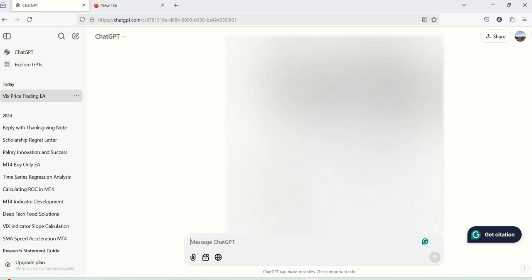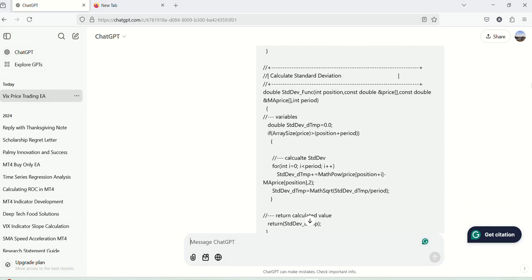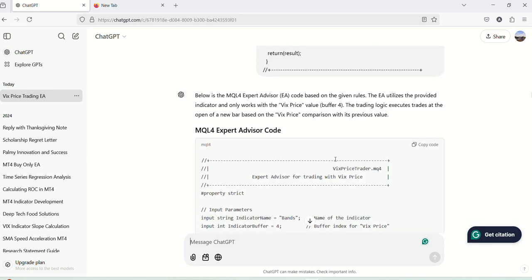This is the code of that indicator, which is actually my own creation. I have been using this for quite some time, but I was doing it manually. So this is the first basic code ChatGPT gave me.